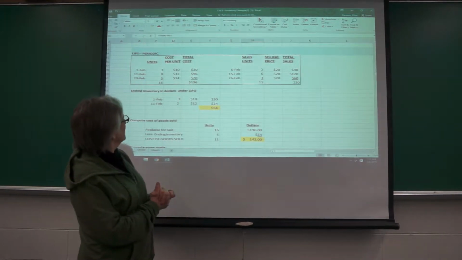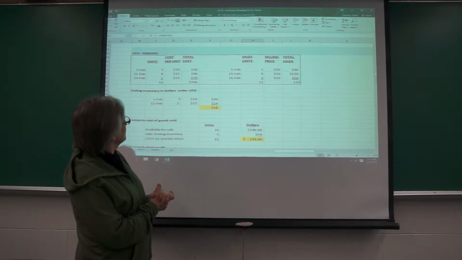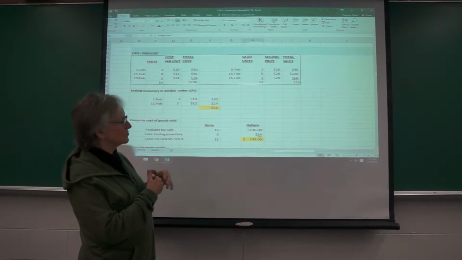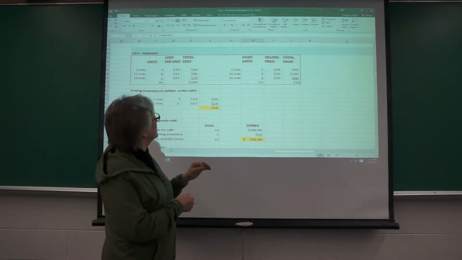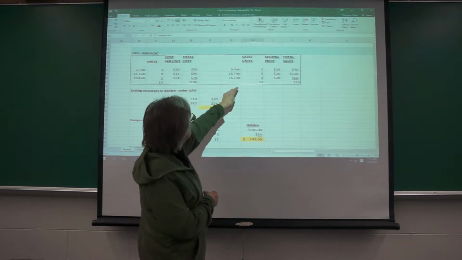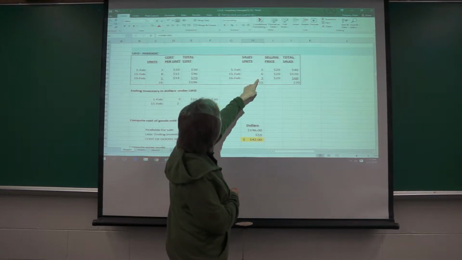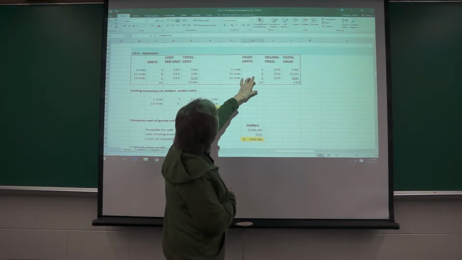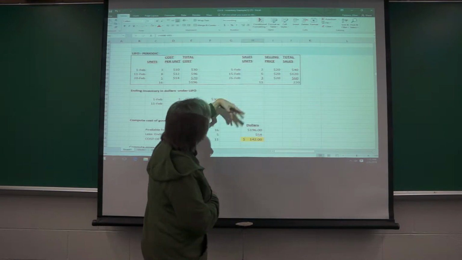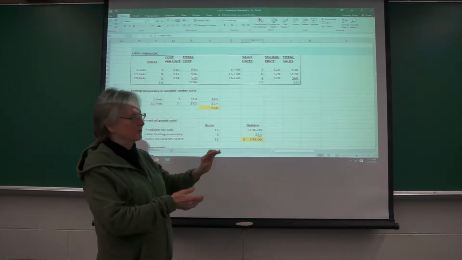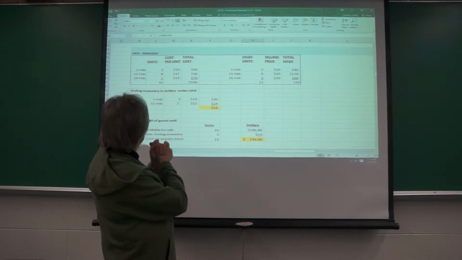Okay, so the other way to double check this to make sure that you're correct, and it may make more sense to you to do it to begin with, you can also compute the cost of goods sold by saying, okay, we sold 11 units. Start over on this side where it makes more sense.